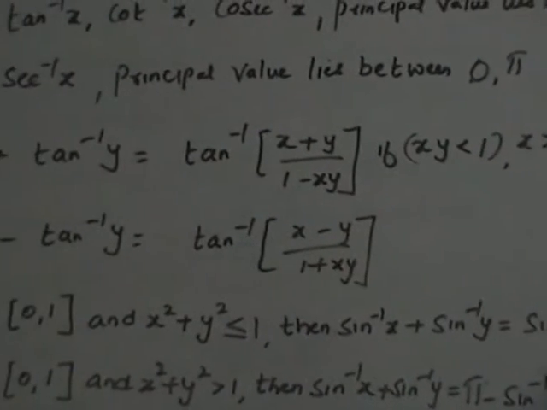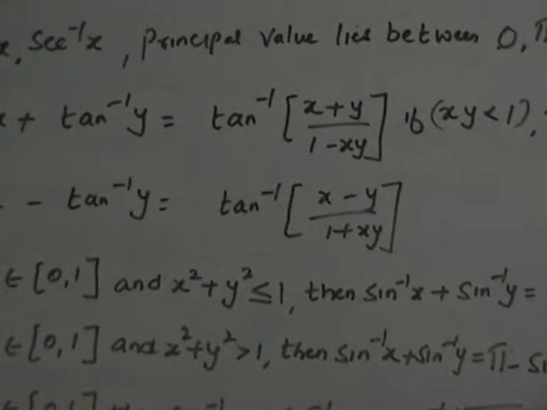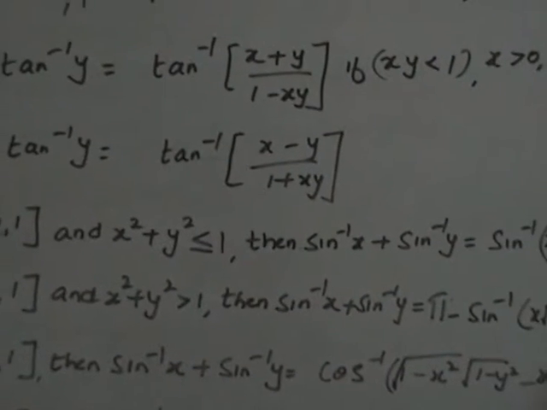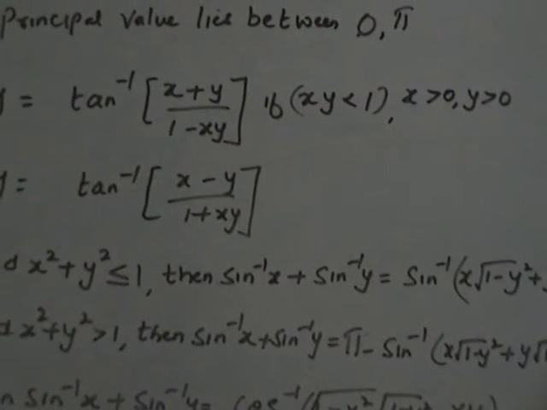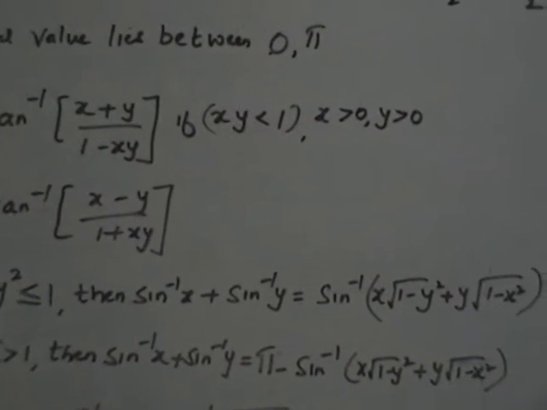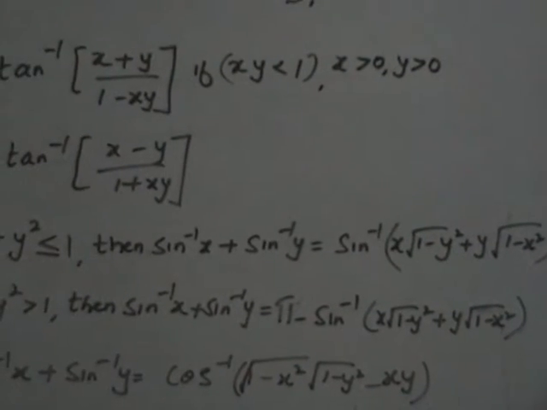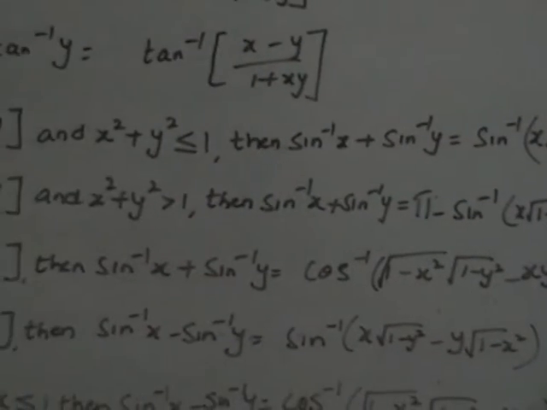Similarly, if x and y belong to 0 and 1 and x square plus y square is greater than 1, then sin inverse x plus sin inverse y is equal to pi minus sin inverse of x into root over 1 minus y square plus y into root over 1 minus x square.